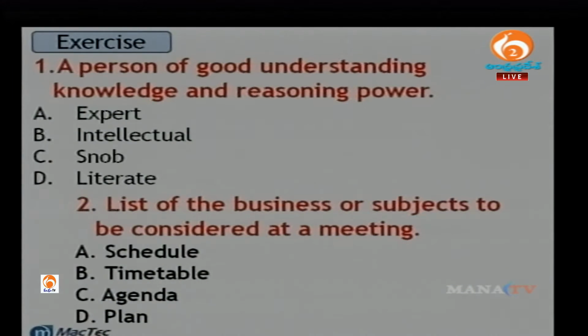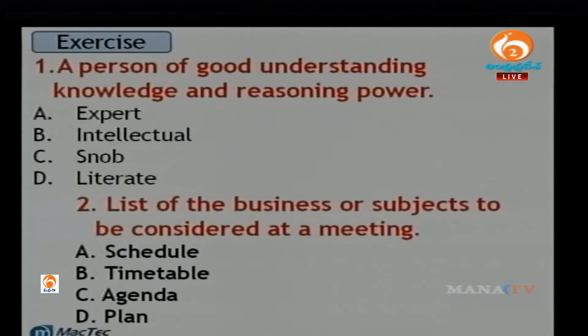Let's read the question again. A person of good understanding knowledge and reasoning power. A person who understands things very well, who has a lot of knowledge and can reach a conclusion, can reason things out well, can reach a logical conclusion. That person is called as an intellectual. Option B.